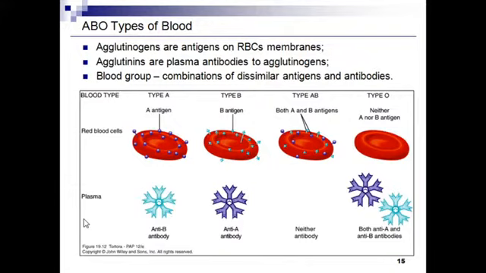Type AB: erythrocytes contain both A and B antigens, and the plasma has no antibodies at the same time. And type O: erythrocytes do not have antigen A or B, but plasma has both antibodies alpha and beta.